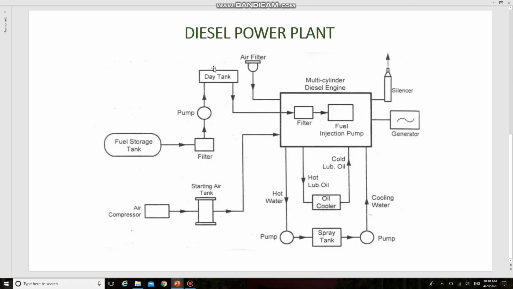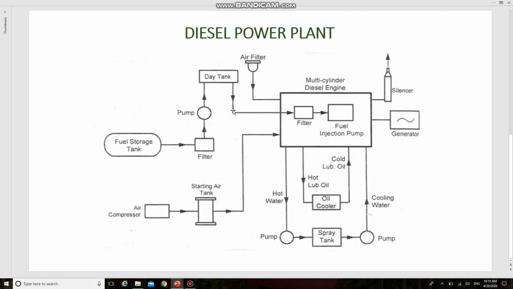Day tank supplies the daily fuel needed for the engine. So this is the primary one and this is the secondary diesel tank. The day tank is usually placed high so that the diesel flows to the engine under gravity. Diesel is again filtered before being injected into the engine by the fuel injection pump.